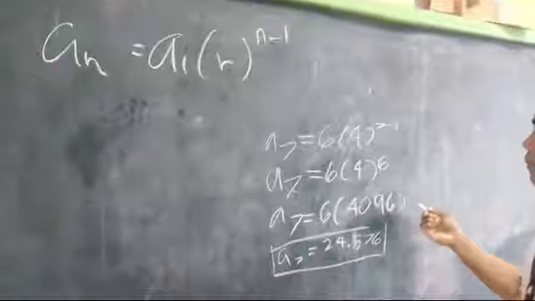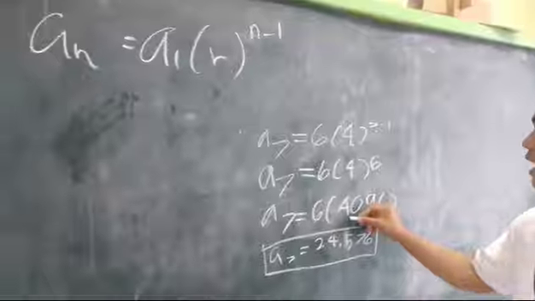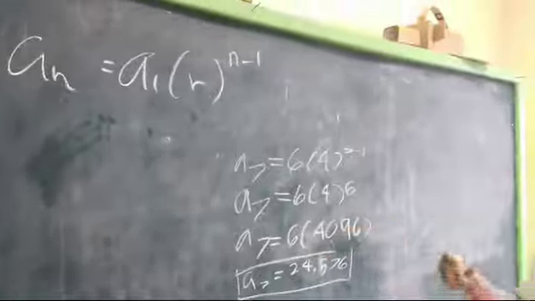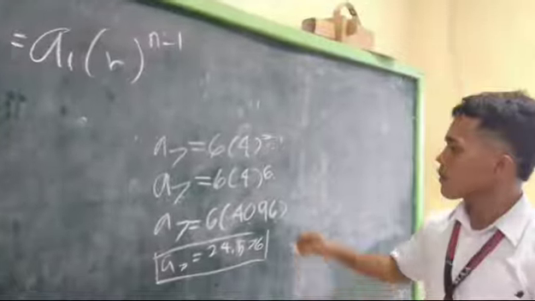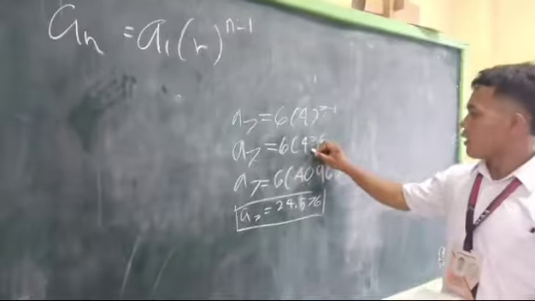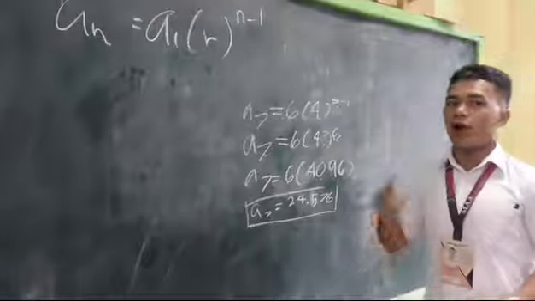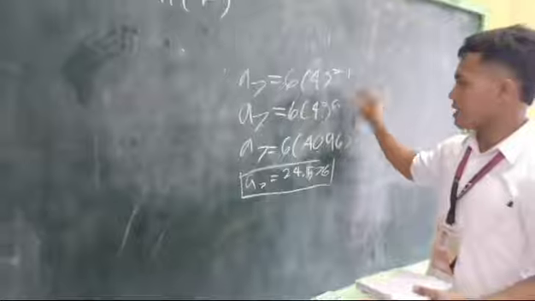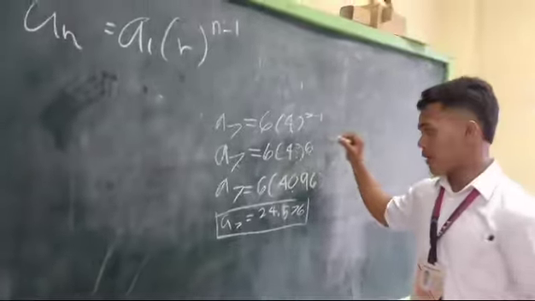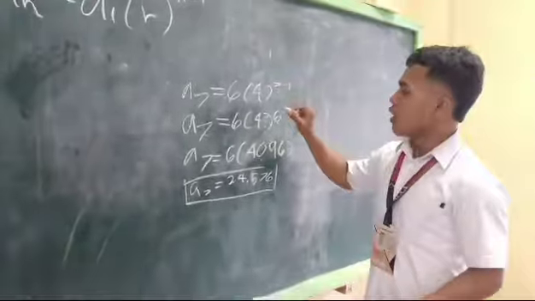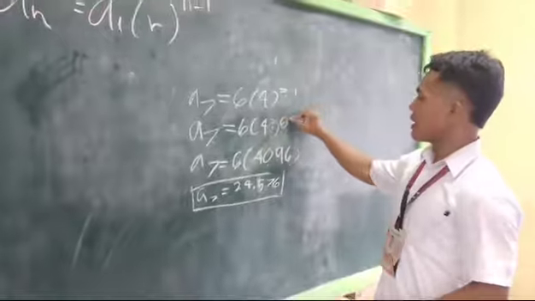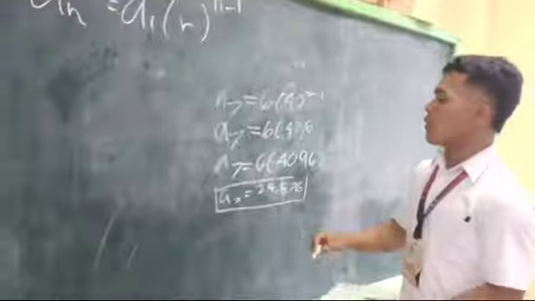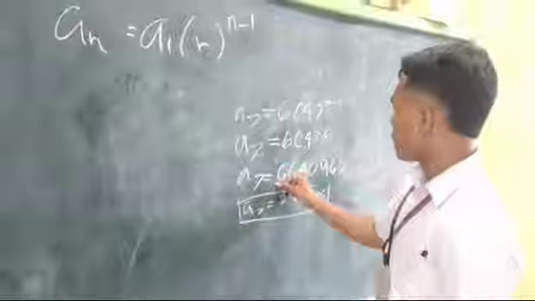Then, what happened next? Why is the answer 4096? A simple explanation: the common ratio is 4, and you always remember that you multiply the common ratio, raised to the power 6, where 6 is n minus 1, right?